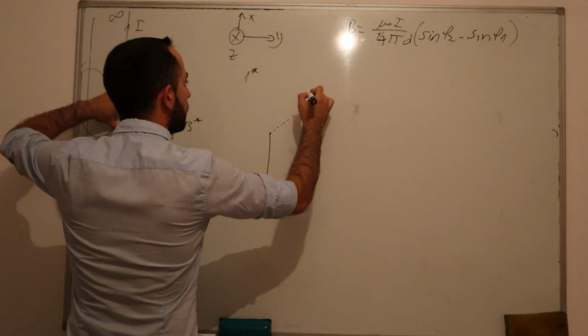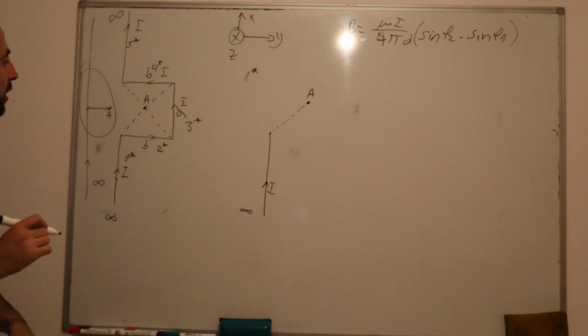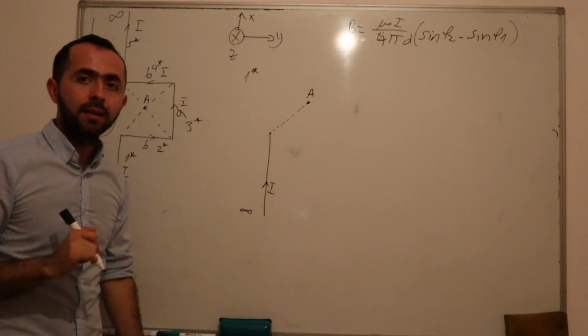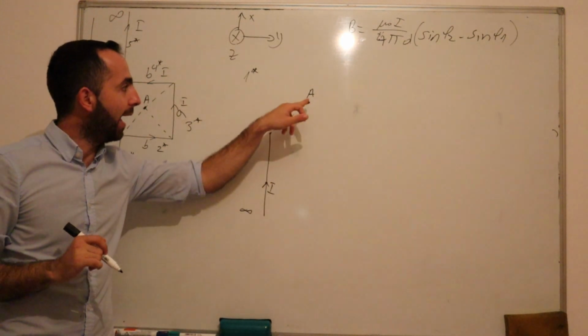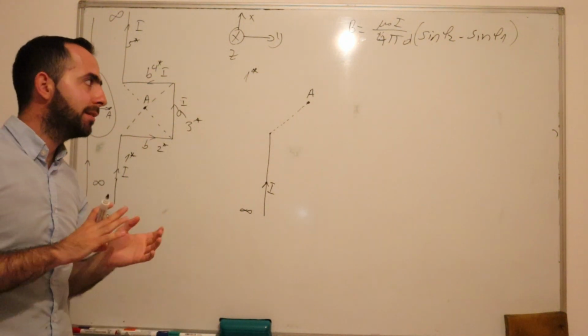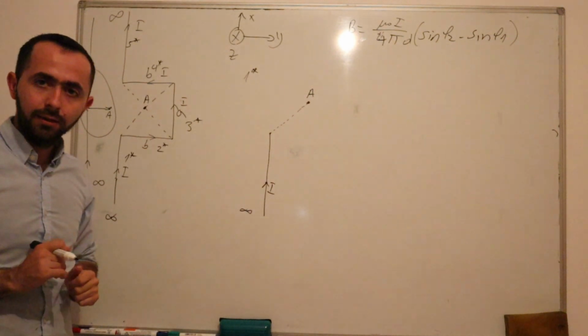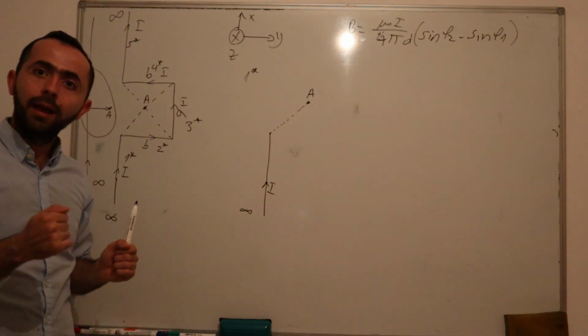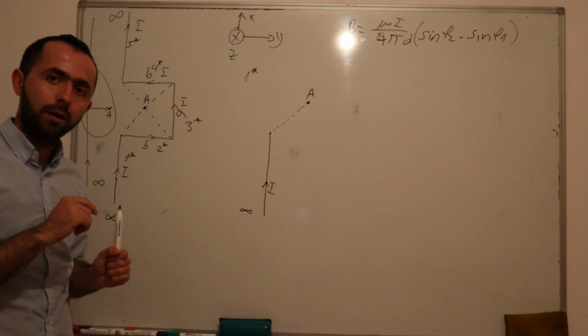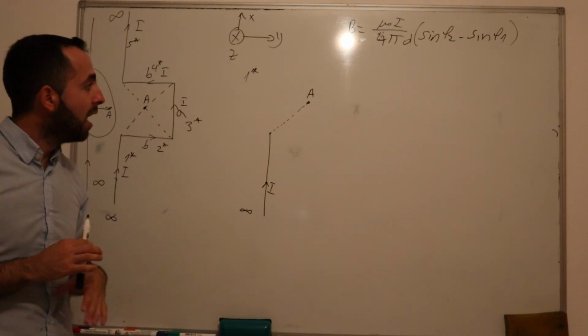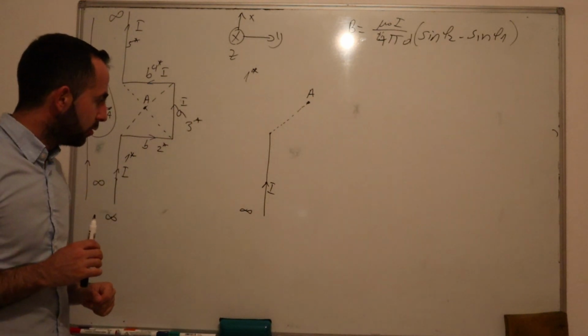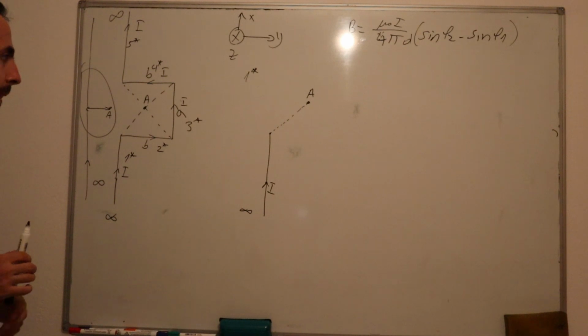This is our point A, and we need to calculate the magnetic field at this point. Now this is unusual. We didn't have this case, but we did explain in our first video, where I explained Biot-Savart's law, how to solve this problem.